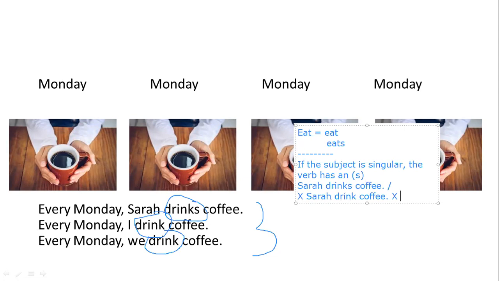So if I want to say that Sarah does something repeatedly, or it's a habit for her, something that she does habitually, the best structure is the present simple.